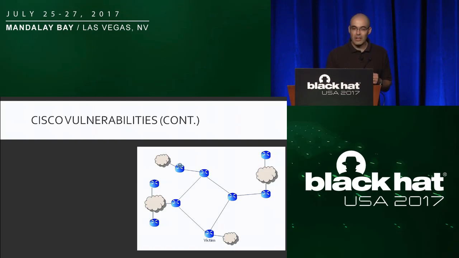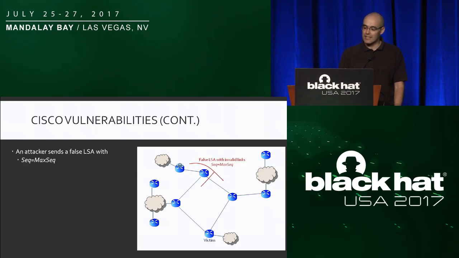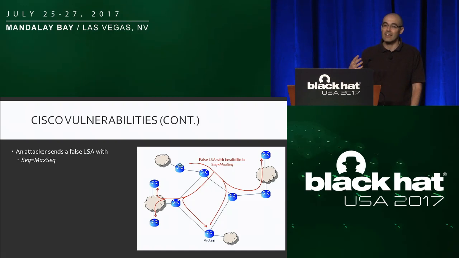Okay, so here is the general outline of the new attack we found. Let's say we have here the network with the attacker. In this attack, the attacker sends out a false LSA with an invalid link, and the false LSA has a sequence number that has the maximum value.